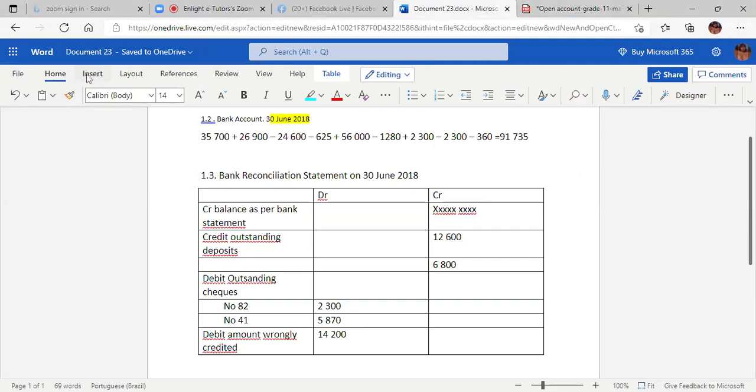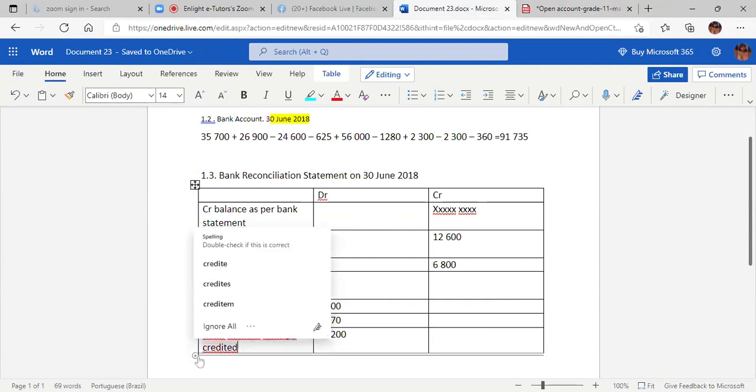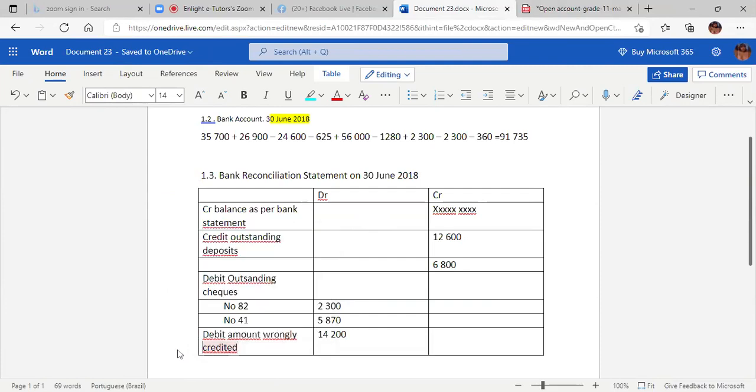I want to increase the table. I'm sorry about that.